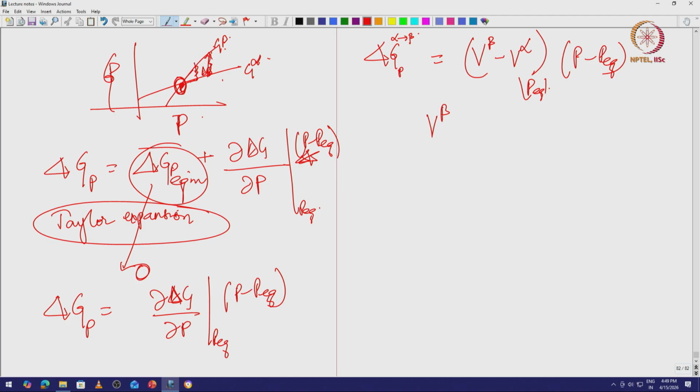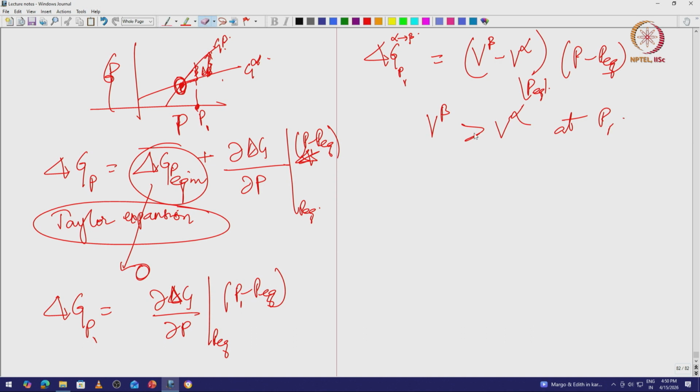Now I know that V beta at this pressure, let us say P1, everywhere I am going to write P1. So, V beta is greater than V alpha at P1. No, I am sorry.